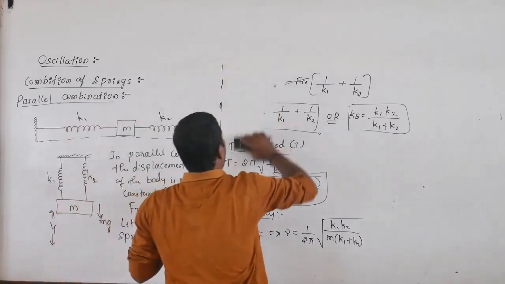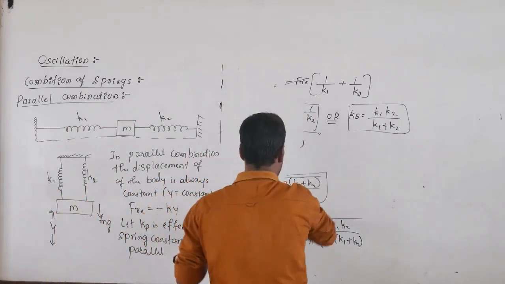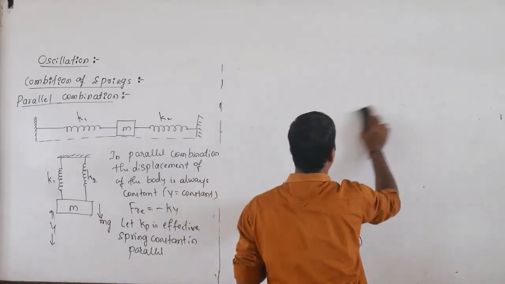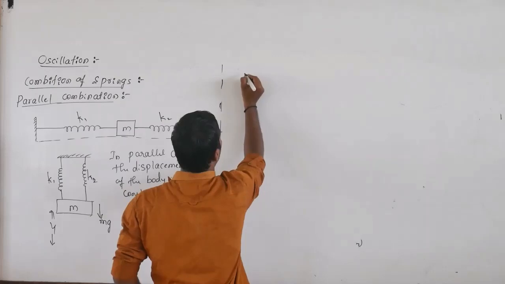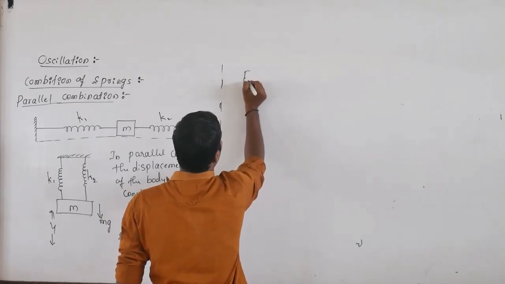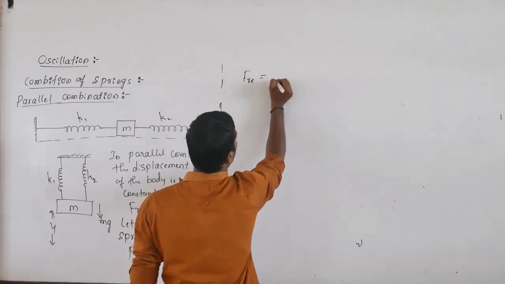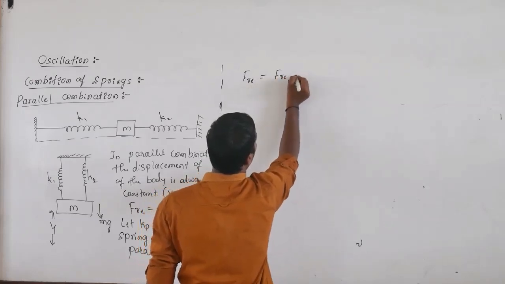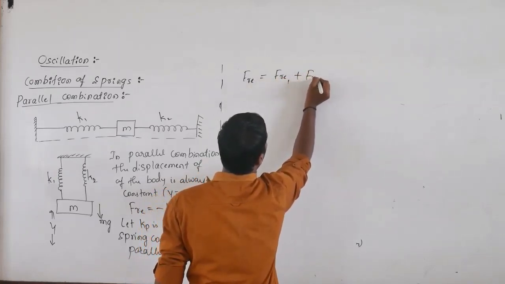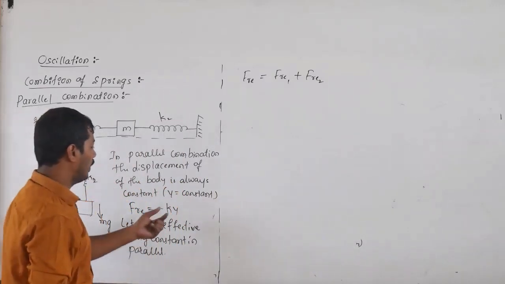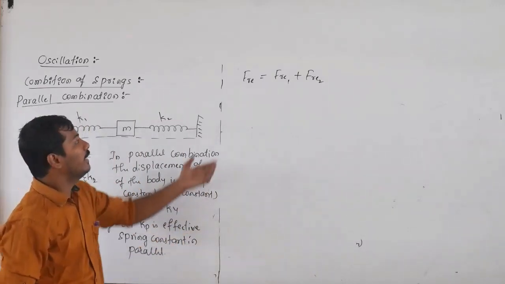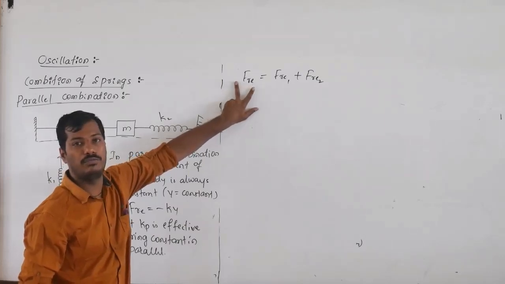Take the total force as F1 and F2. Here, the total restoring force is there. The total restoring force F_re is equal to F_re1 plus F_re2. It is called the effective force or total force.